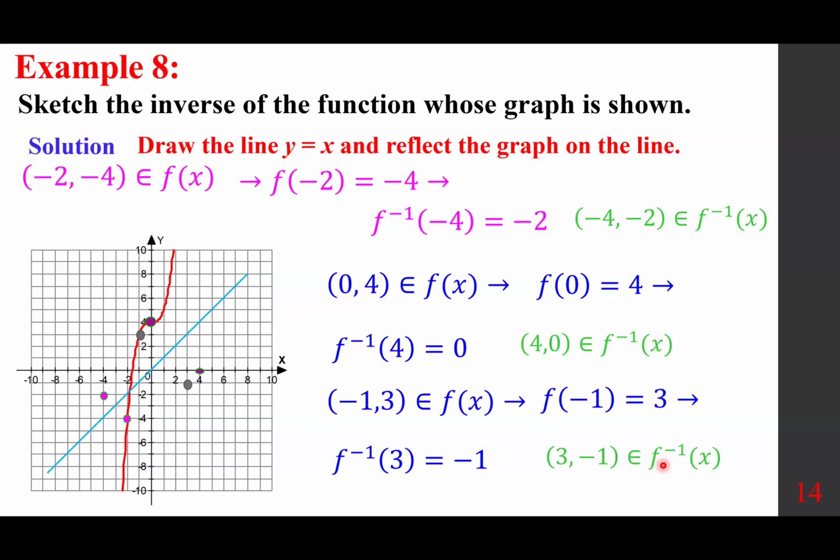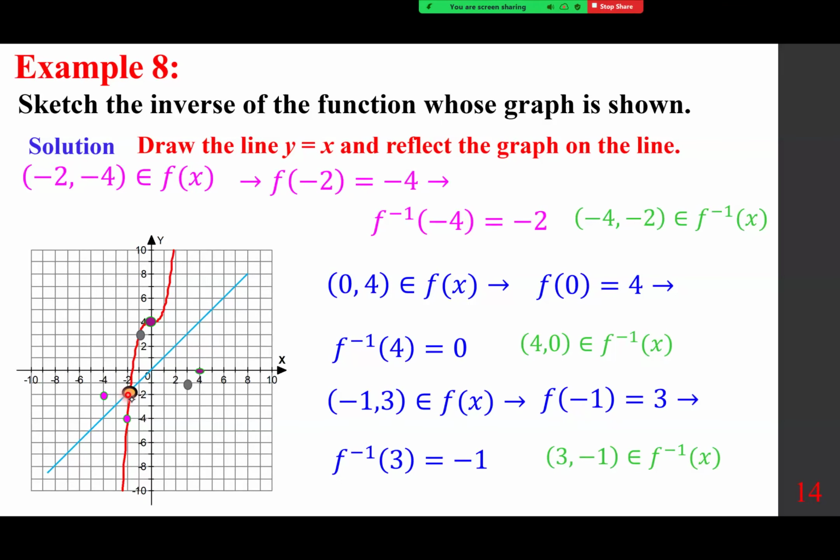So if they ever intersect, they have to intersect with the line y equals x. So this point, which belongs to the line and the curve, also belongs to the inverse function.